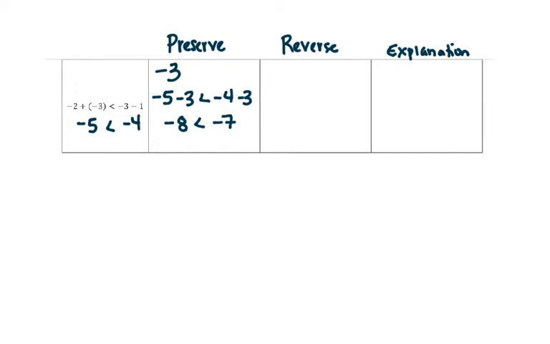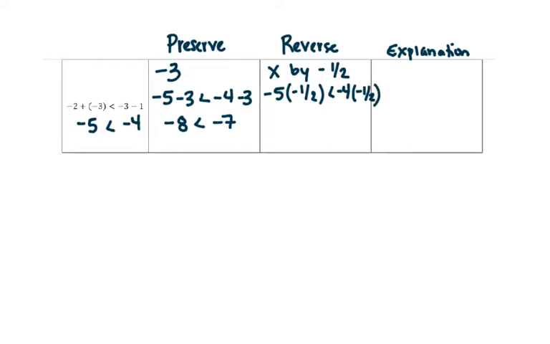For the reverse, I'm going to multiply both sides by negative 1/2. And when I do that, I get negative 5 times negative 1/2 is less than negative 4 times negative 1/2.